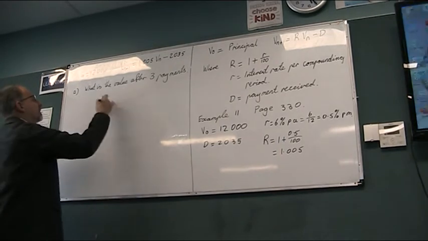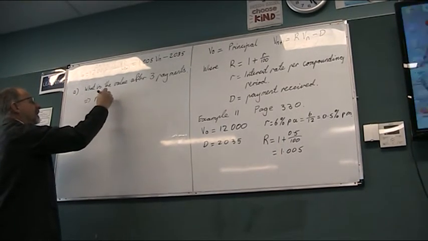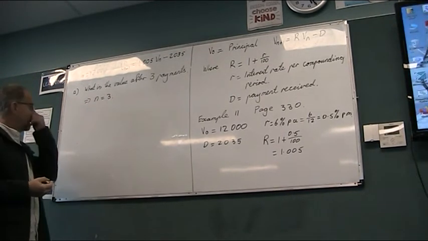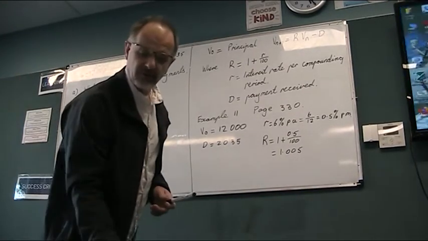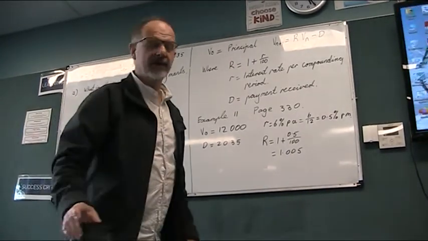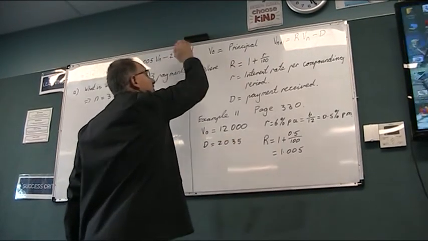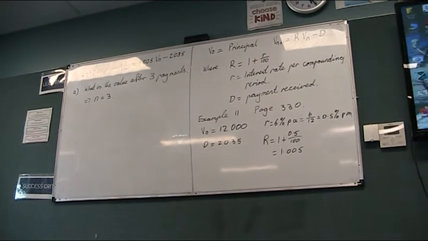So 3 payments means n equals 3, and then we can use our calculator to do that. So where would we go in our calculator to do that? Which one are we going to use?